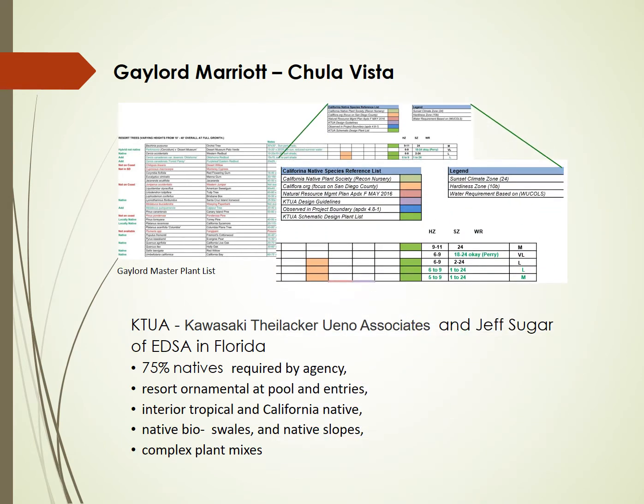Plants were categorized by USDA and Sunset Climate Zone, California native status, plant status on previous plans because the project extends back many years, WUCOLS water use, height and width, sun and shade preference, and whether it is an endemic native, a local cultivar, also known as a locavar, or a hybrid.